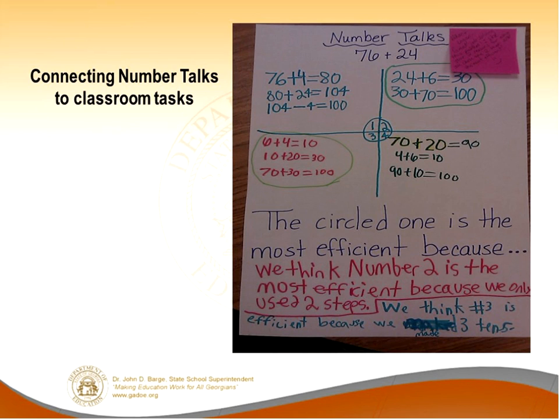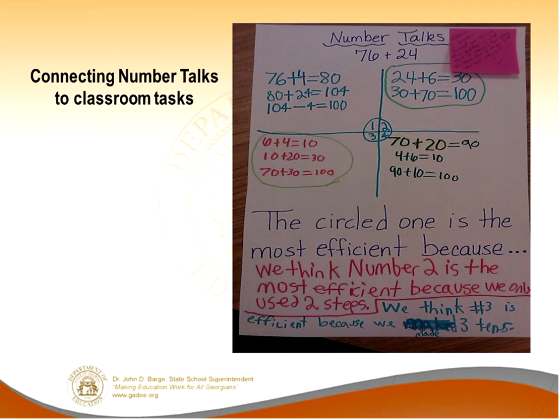So you might be asking, well, how else does this connect to a class? And thank you very much to Ms. Shelley Birch, another teacher from Henry County. She shared this, and this is something that she did with her 3rd grade students. What Ms. Birch did is she would put up one problem for doing Number Talks for an entire week. She would put one problem up on the board, and as a group, students would sit and collaborate and put on chart paper all the different ways that they could solve this problem.